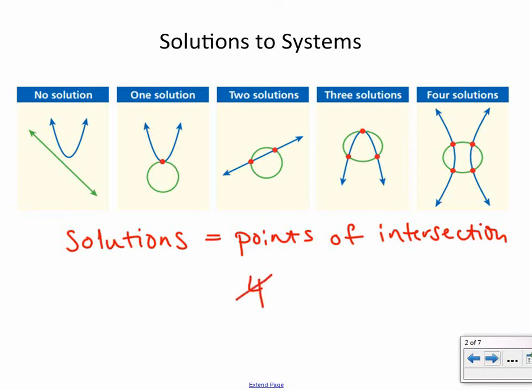That's not the solution. A solution is going to be an ordered pair, say (4, 1), because the solutions represent the points of intersection of the two functions. So it's always important, once we find one of the variables using either graphing, substitution, or elimination, that we go back in and plug in our answer in order to get the other component of the ordered pair. So all of your solutions should be given as coordinate points.